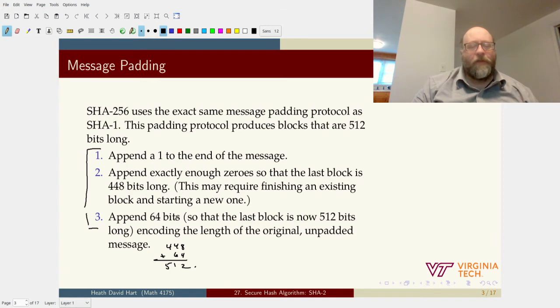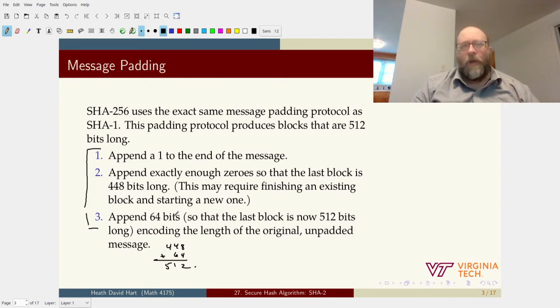There are some reasons for doing that that have to do with trying to generate a collision by just taking the same message and appending a few zeros to the end of the message. Zeros won't change the answer if you do any XORing, and it won't change the answer if you do any addition.